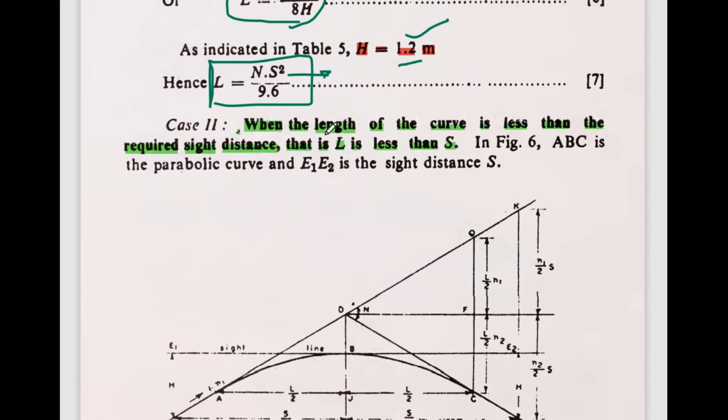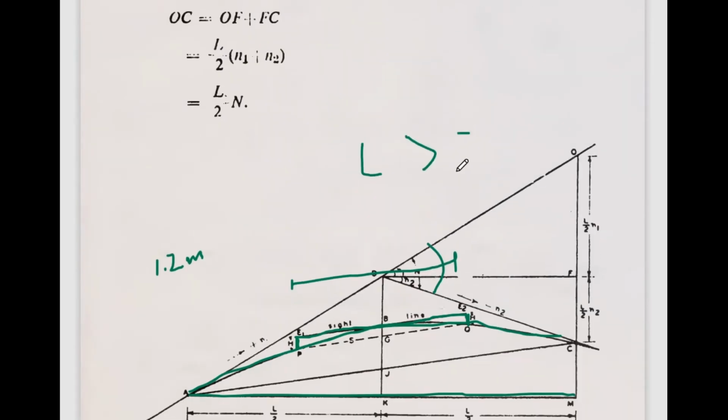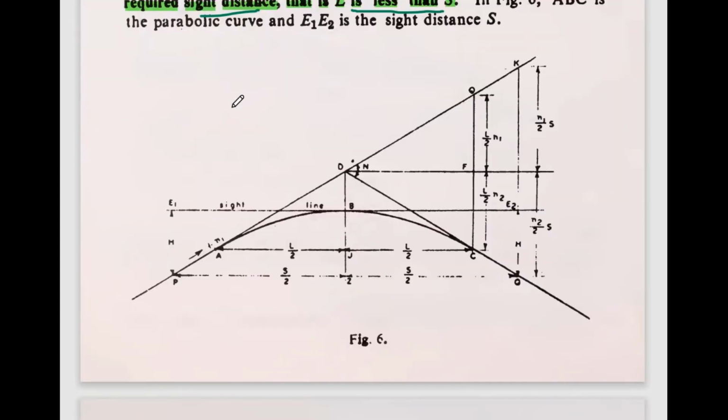And in the second case, the length of curve is less than the required side distance, that is L less than S. So in the first case, they said L is greater than S, and in the second case we have L less than S. Here you can see this is H, which is 1.2 as per IRC 66. Similarly, this is the H, the height of the observer, this is the overtaking line of sight, and this is the length of curve.